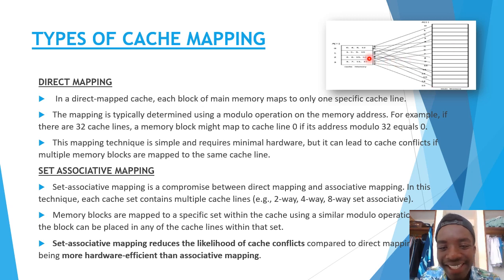Any cache line which is 0 will be mapped to the 0 block, just like you see. And then that of 1 will be mapped to the 1 block, that of 2 to the 2 block, that of 3 to the 3 block. After reaching 4, it means we shall not be done with memory, so we shall again begin.